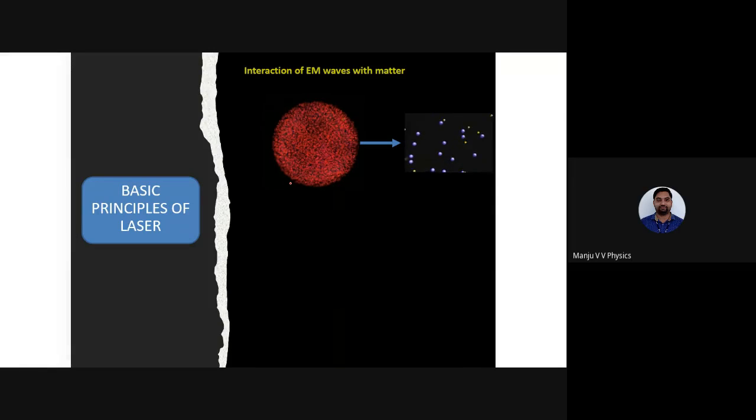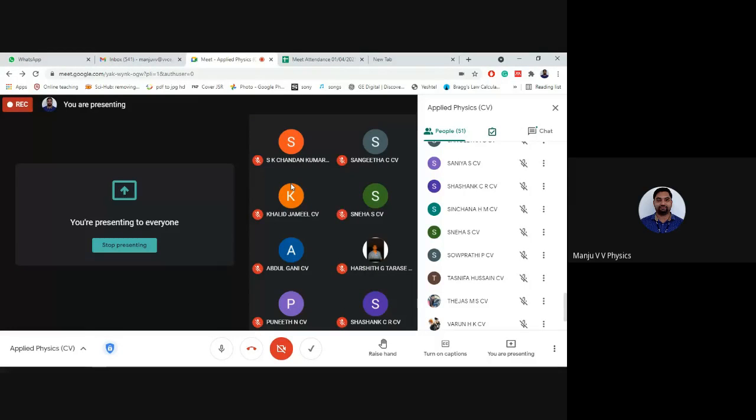So matter is made up of what? Matter is made up of what subatomic particles inside the matter? Sneha? If you observe matter on a microscopic scale, what can you see?